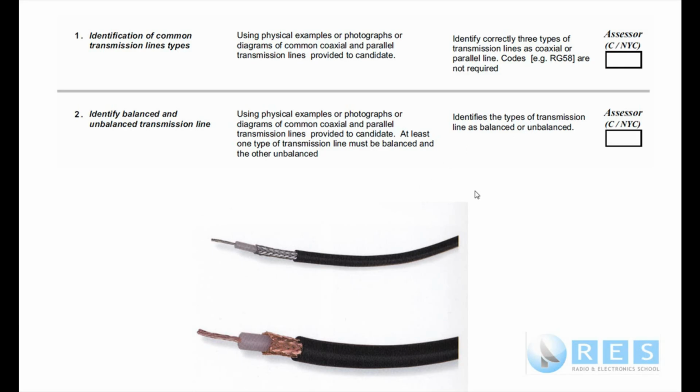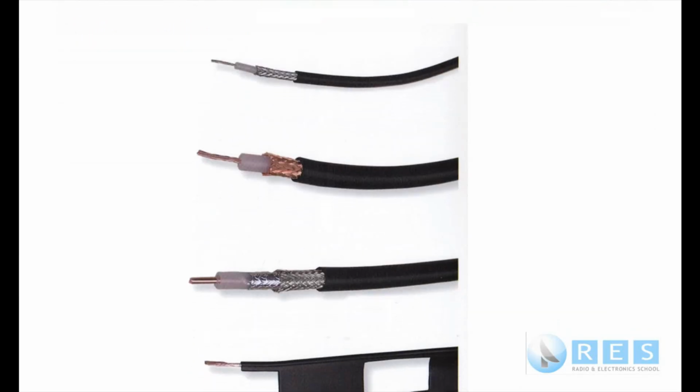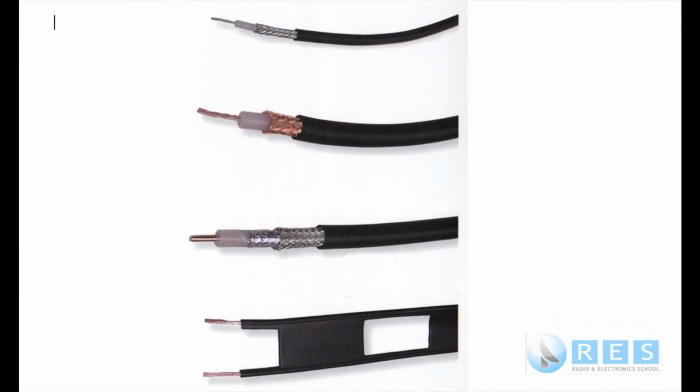So there's 2 tasks, and here we've got a diagram that's something similar to what your assessor could show you. What you're being asked in these 2 competencies is simply to identify what sort of cables these are. Are they coaxial cables or parallel lines? And are they unbalanced or balanced?